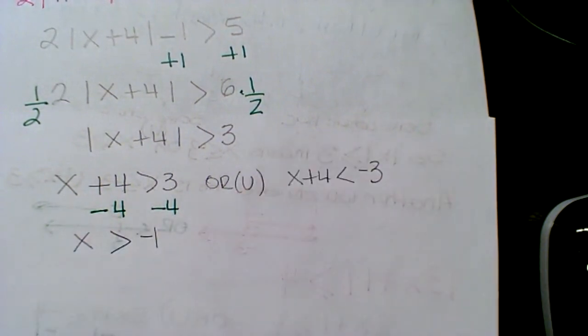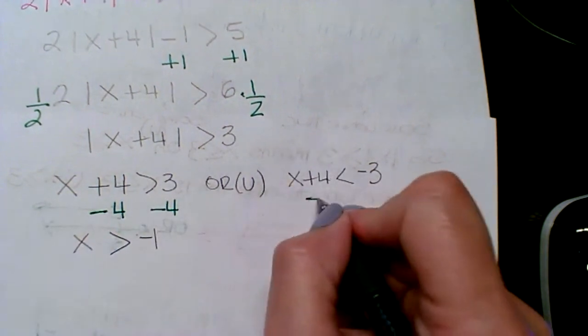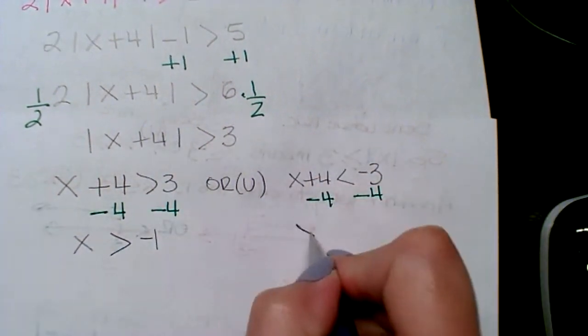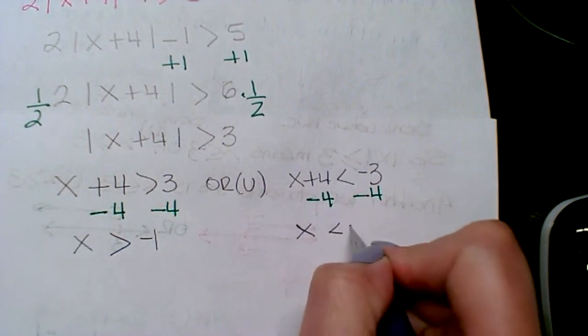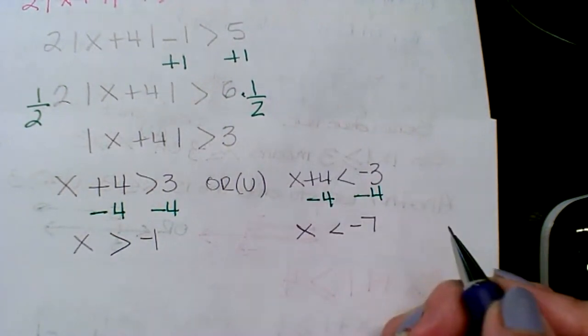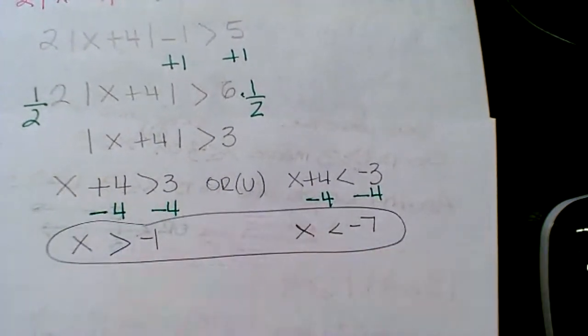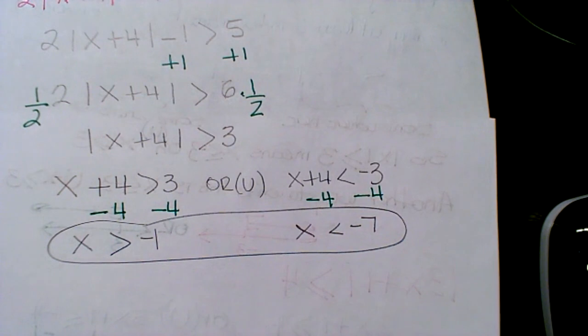And this one, make a 0. X is going to be less than -7. Okay? And this is going to be our answer.